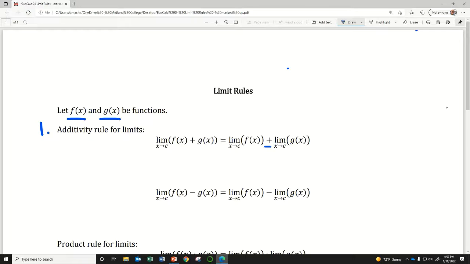And so let me rephrase it and just say that the limit of a sum is the same thing as the sum of two limits. That's what this rule is saying in mathematical notation.